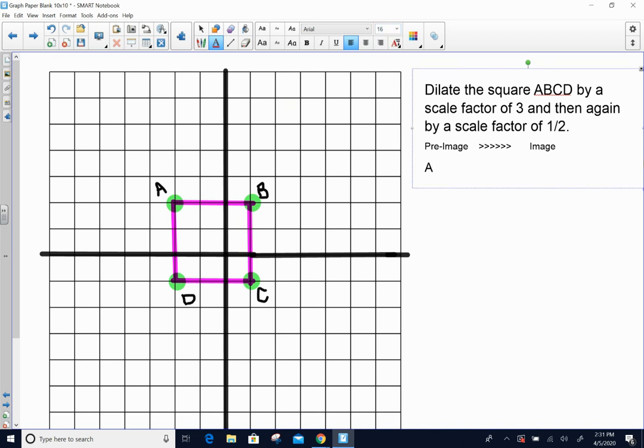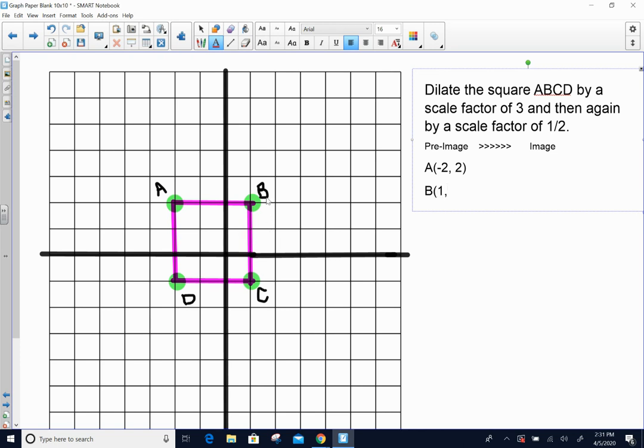So for my pre-image, I'm going to figure out what my ordered pairs are, what my X and Y values are. When I start with A, I'm going to the left 1, 2. So that's a -2. And I'm going up 1, 2. So that's a +2. So my point A is at (-2, 2). Point B, we're going to the right 1. So that's +1.